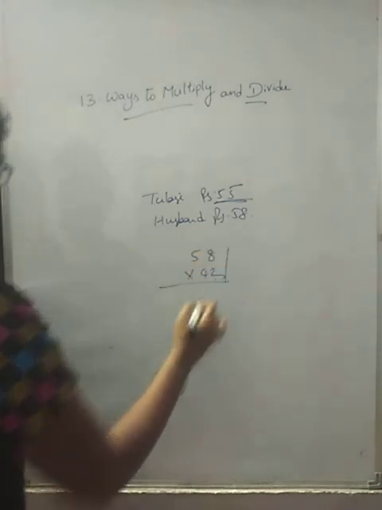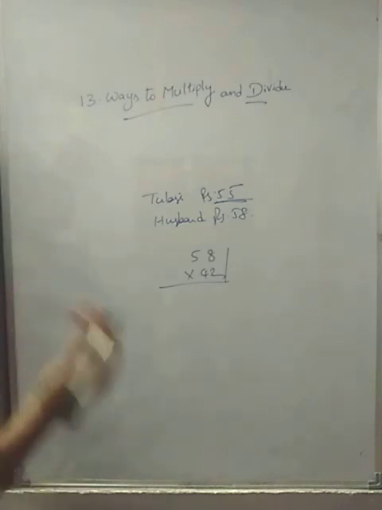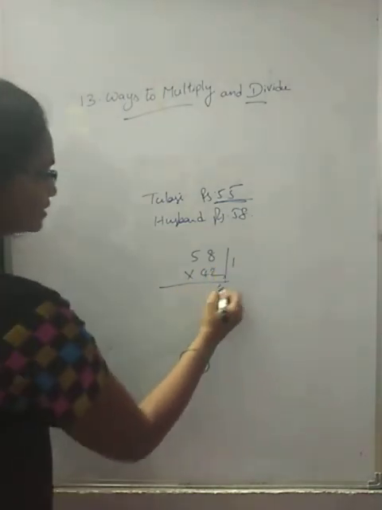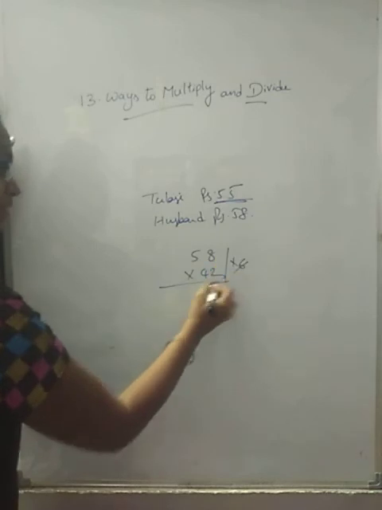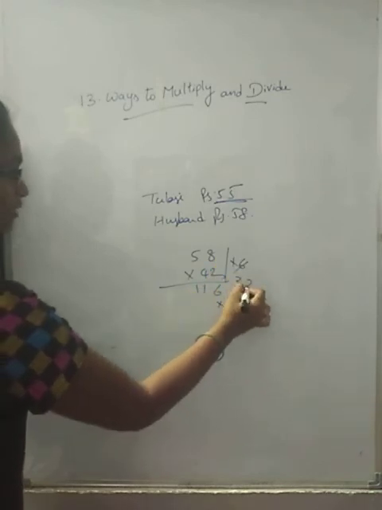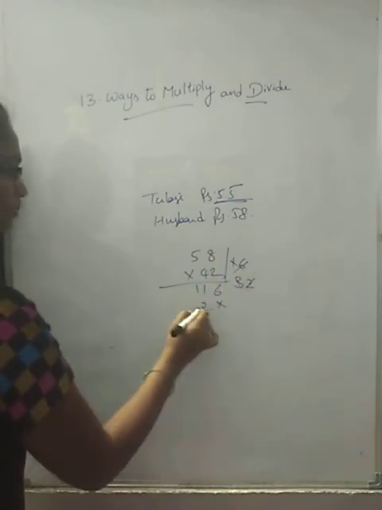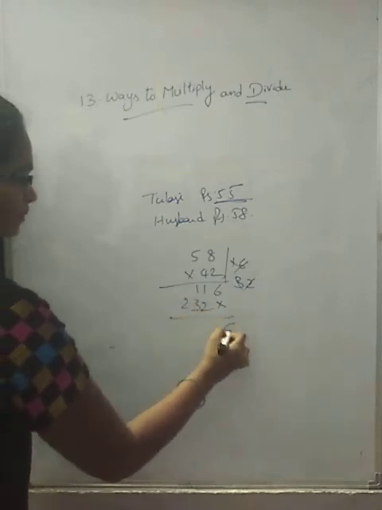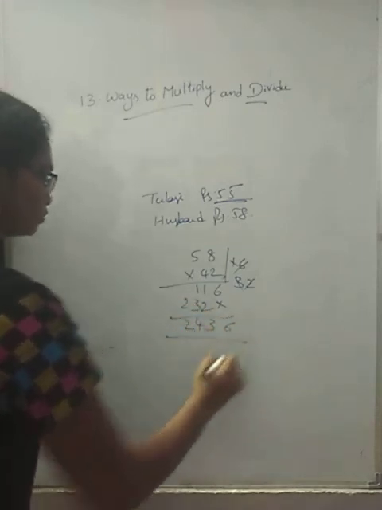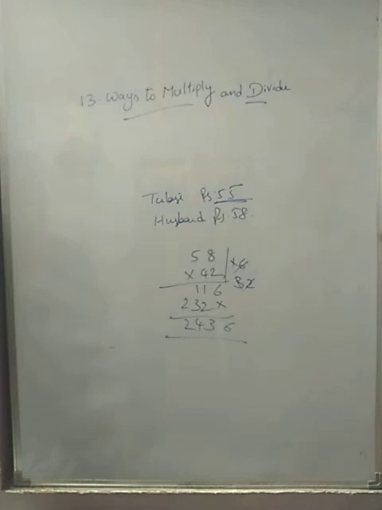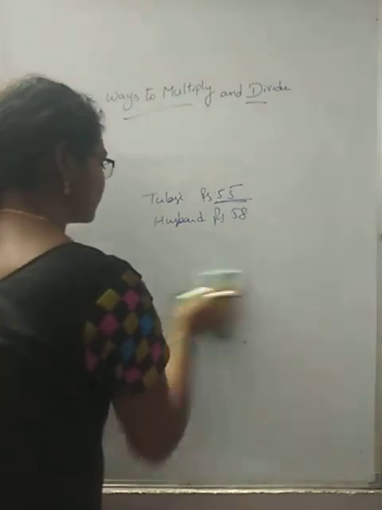If he works for 42 days, 58 into 42. 2 8s are 16. 2 5s are 10 plus 1, 11. 4 8s are 32. 4 5s are 20 plus 3, 23. 2436. Find how much money they earn together. We should add those two only, add them together.